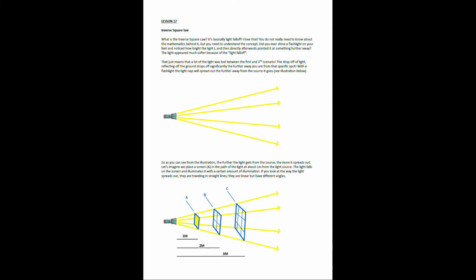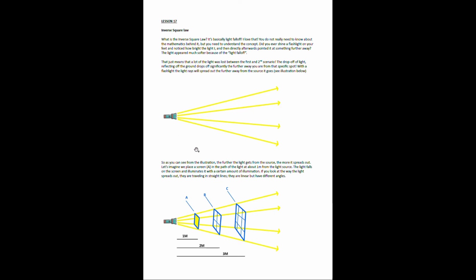We're going to have a quick look at the inverse square law. Just in layman's terms, to explain exactly what it is, it basically means light falling off. If you have a look at this image over here, imagine somebody standing here holding the torch, or the flashlight, in South Africa we call it the torch, and pointing it down towards your feet.